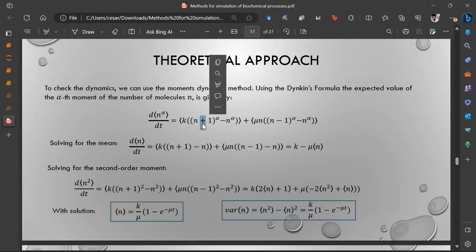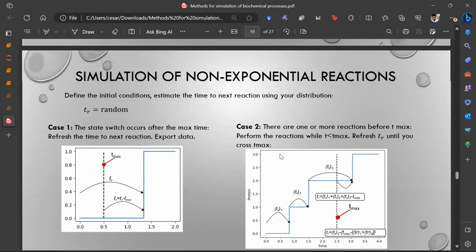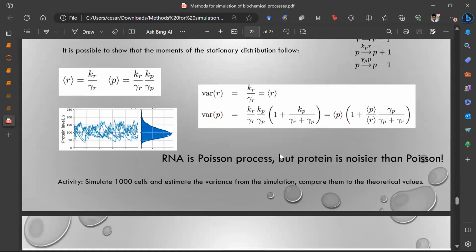In this case, this was production, so the jump was +1 minus the value before the jump, n, to the value alpha. If its mean is 1, alpha is 1. If its second order moment is 2, and so on. This was the degradation, so the value after the jump is -1, so you have n minus 1 here.